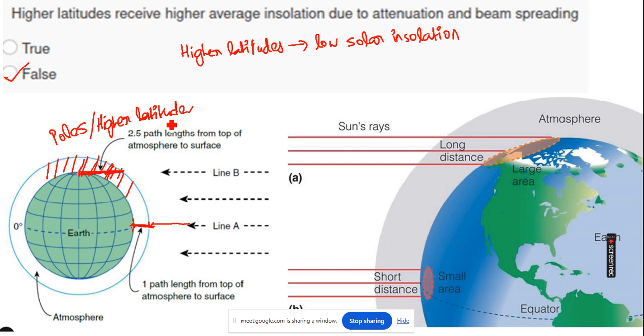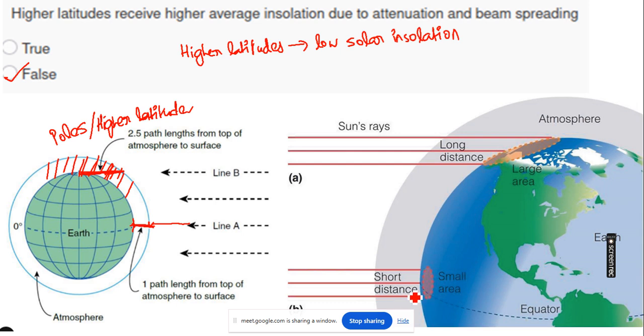The second reason is known as beam spreading. So what does it basically mean? So beam spreading is the area over which the incoming solar radiation is getting distributed.